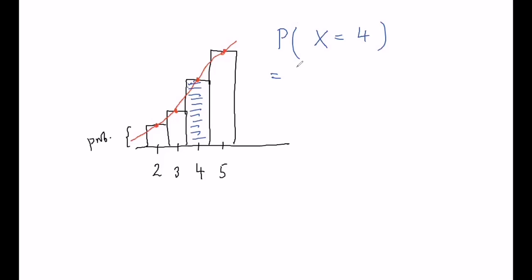If you use a normal approximation, that means you want to use this red curve here. So how would you do it? You look carefully. This is the normal approximation.